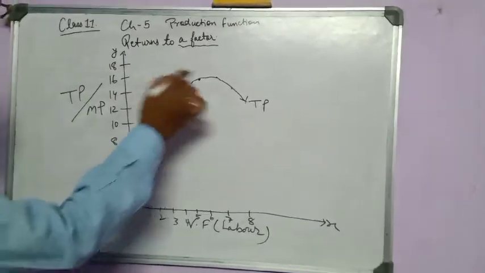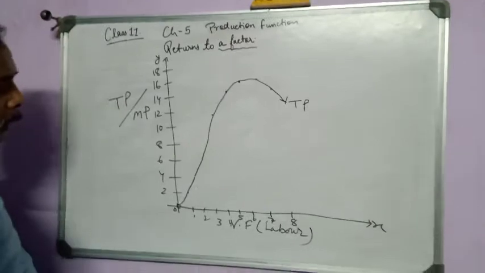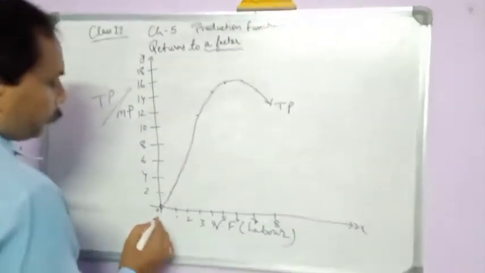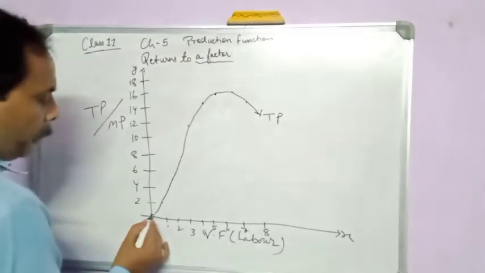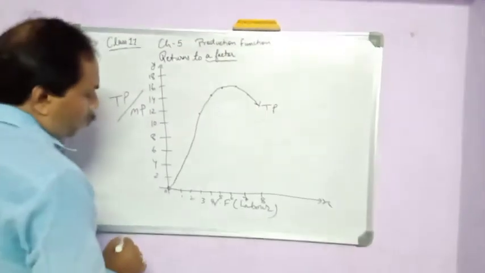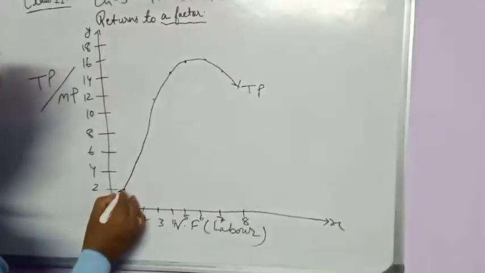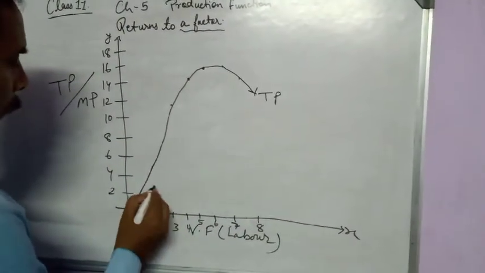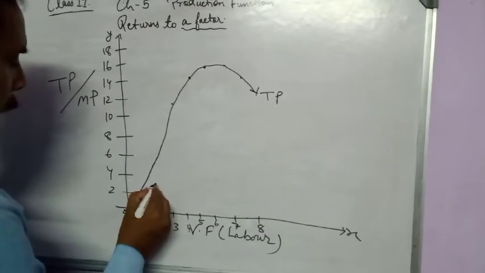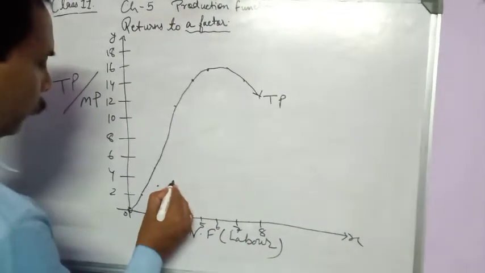So how have we calculated the total production? On the basis of marginal production. Suppose our marginal production, when there is no labor, will also be 0. When we apply one laborer, suppose the marginal production is 2. When we apply the second laborer, the marginal production is 3. When we apply the third laborer, the marginal production is 4.